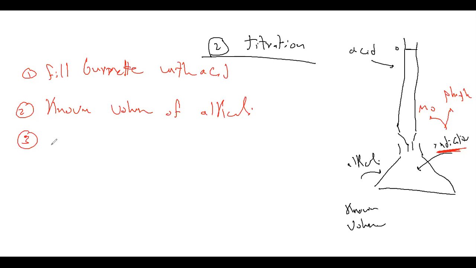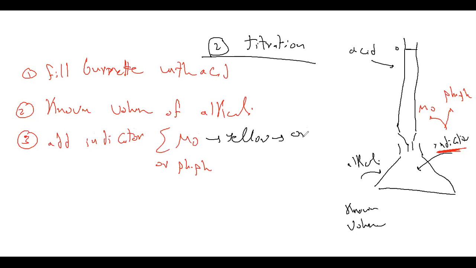Number three, add a suitable indicator, methyl orange or phenolphthalein. If you are using methyl orange, the color changes from yellow to orange or red. Phenolphthalein changes from pink to colorless.